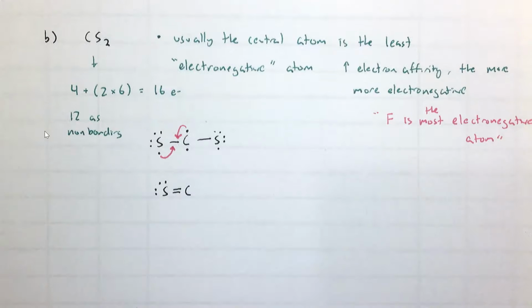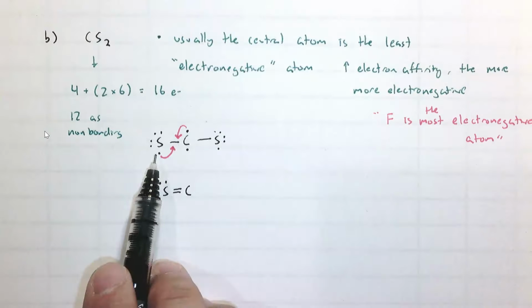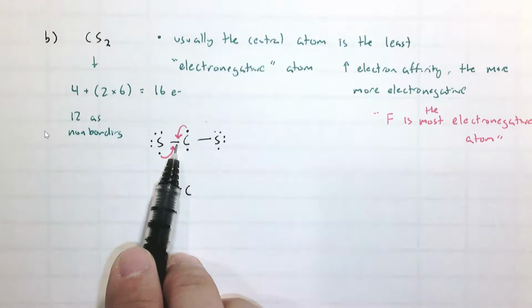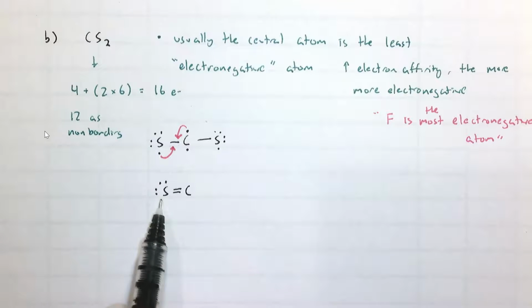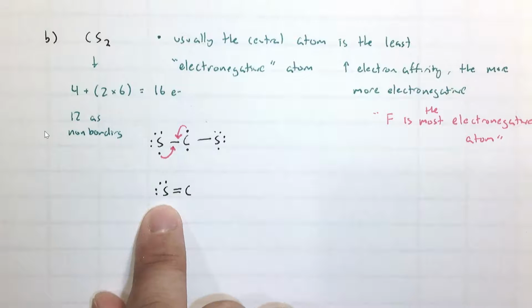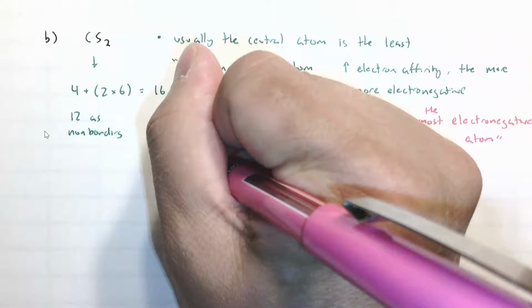That is called a double bond. But look at sulfur. We went from 1, 2, 3, 4, 5, 6, 7, when we're figuring out the octet rule, to now 8. So sulfur satisfies the octet rule. Why don't we do the same thing on the other side? Move this.